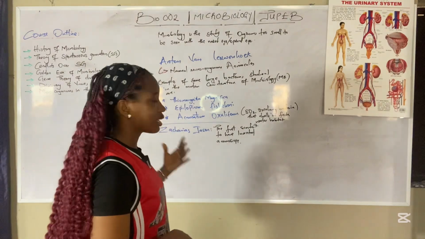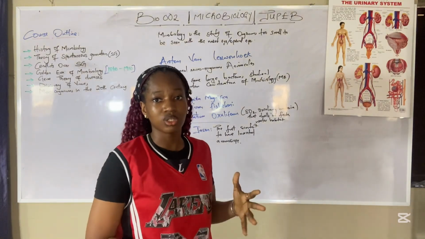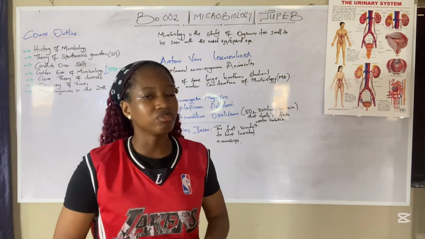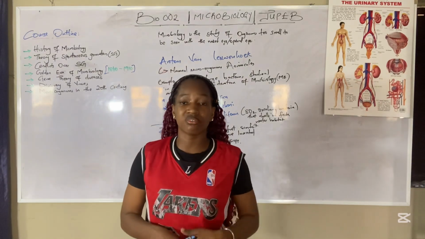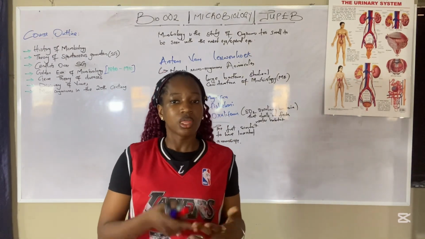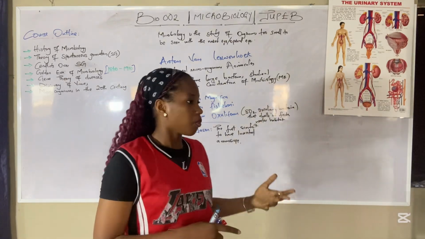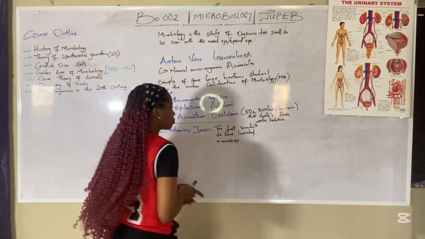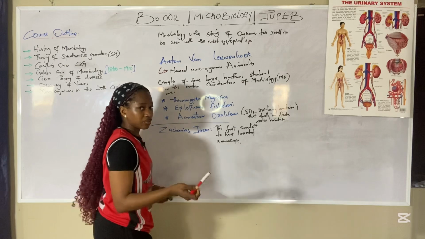Now I'll give you some examples of organisms which are studied in microbiology. We have viruses, fungi, the Aschelminthes, which are the nematodes, the Platyhelminthes, which are the flatworms, and we also study protozoans and bacteria.